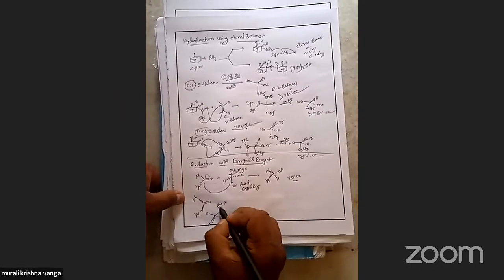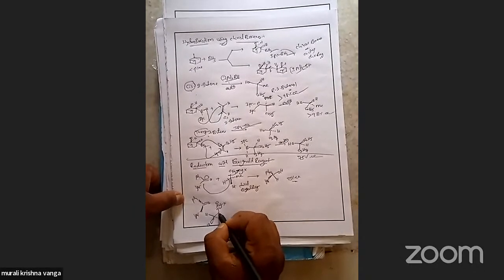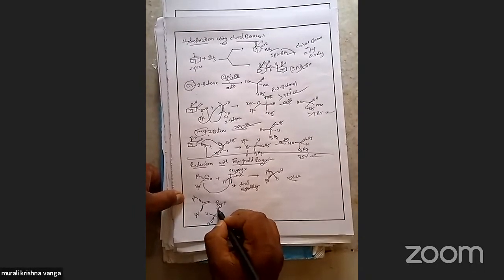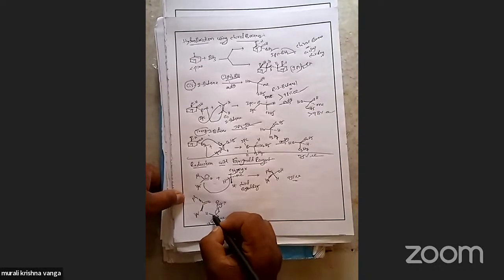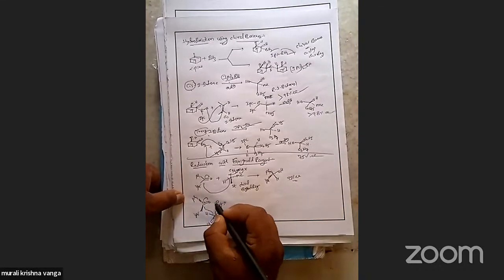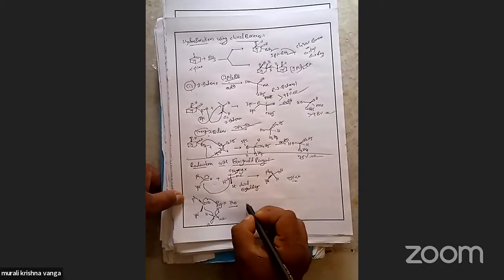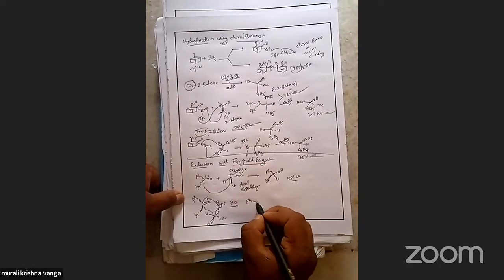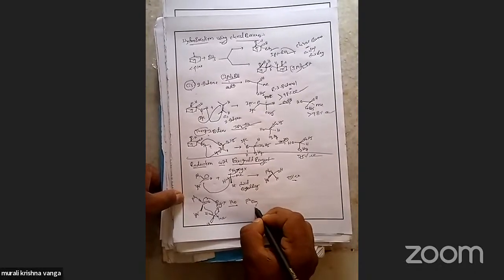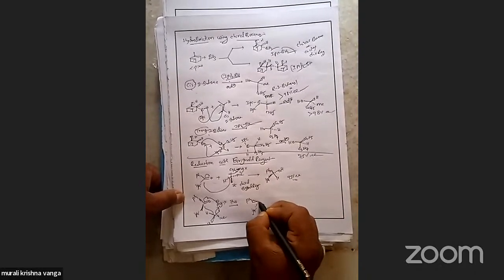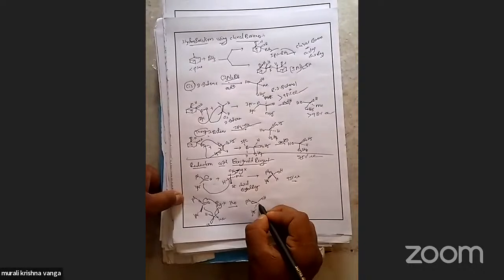Here there is a positive charge and here a negative charge. It proceeds like this, then hydrogen shifts here with ketone migration, followed by hydrolysis. The product is isopropyl, OH, then hydrogen. This is the mechanism for this reaction with a chiral Grignard reagent.